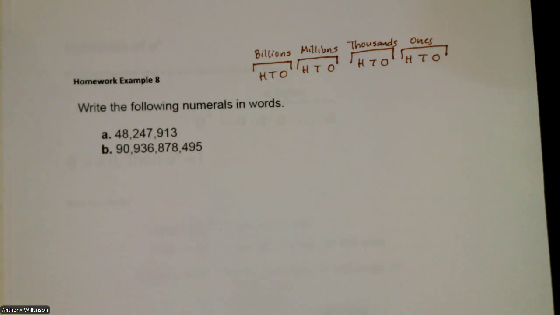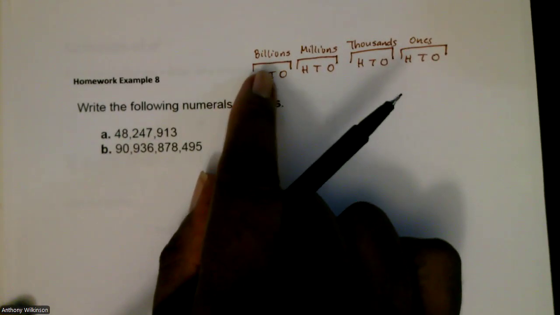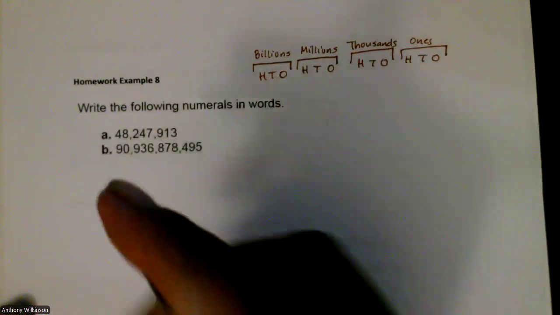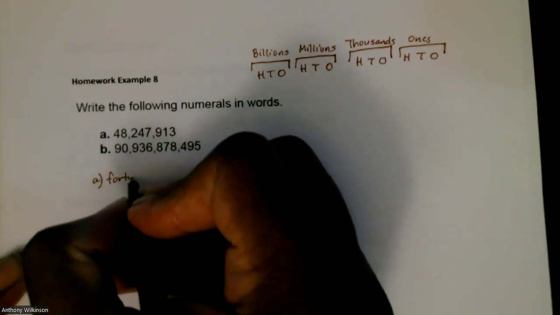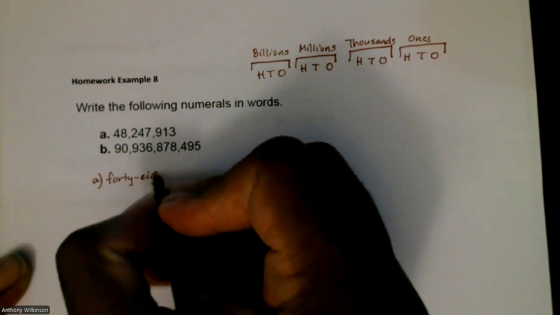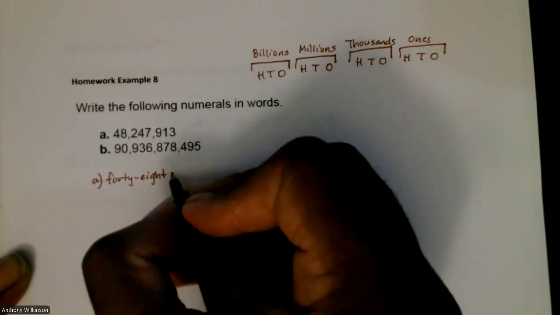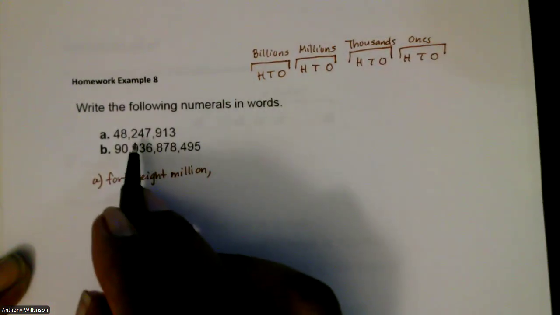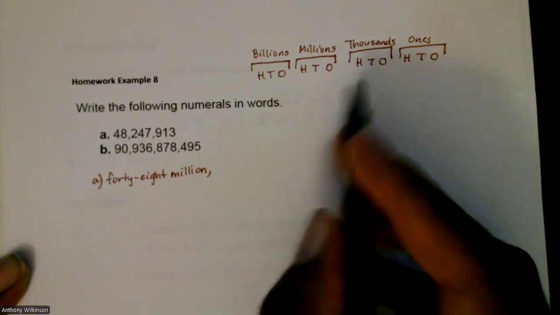Okay. The way we're going to write this, we're going to write the number for each of the period and then give it the name of that period. Like in this case, 48 million. Okay. So we write the word 48 and write the period that it's in. In this case, 48 million. And then we're going to write the 247. Now, 247 is in the thousands period.